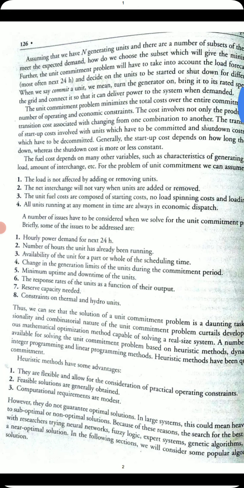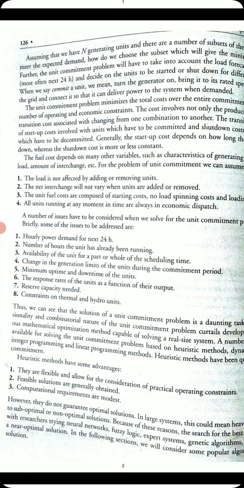The unit fuel cost is composed of the starting cost, the no load spinning cost, as well as the loading cost. It means the cost of one unit includes the startup cost, the spinning reserve cost, and the loading cost. All those things together we call the unit fuel cost, so it is not only the cost of the fuel, it includes all these values. Then, all the units running at any moment in time are always in economic dispatch.